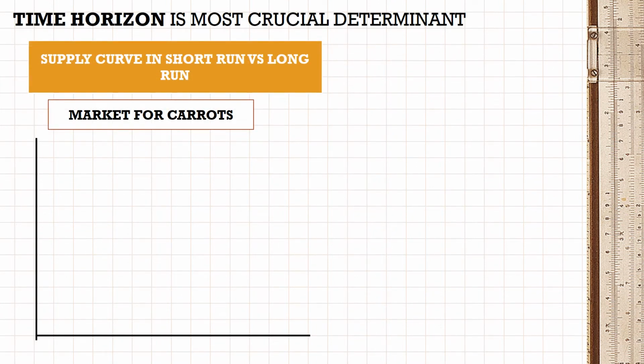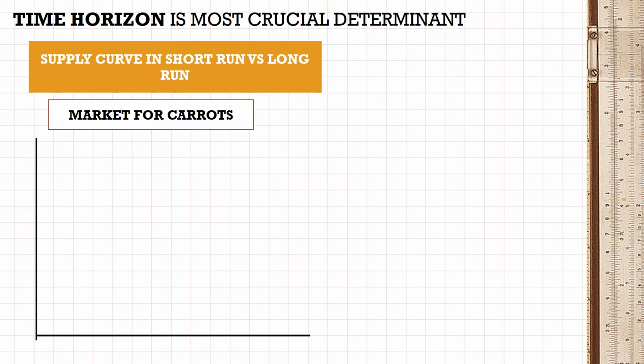As you all are aware, elasticity has several determinants. But when we're talking about price elasticity of supply, time horizon is the most important determinant. You know that in economics you have a short run scenario and a long run scenario. You should be very clear on the difference between short run and long run. Generally students ask the question: how long is the long run, or how short is the short run?